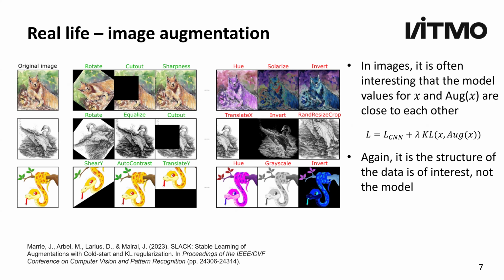Another example of application is around data augmentation. So in machine learning, you would like to have as much data as possible, but usually you don't have so many data examples. So, for example, for pictures, you start to rotate them, make some shifts, contrast changes, add noise, and so on and so forth.